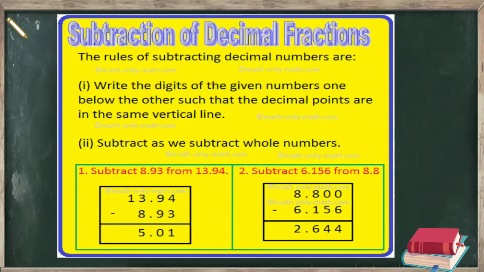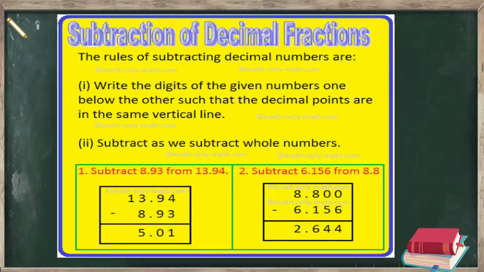This means that when you are writing the digits, they should be properly lined up, the same place value digit under the same place value, and we should keep the decimal in mind. Always, the decimal should be under the decimal. Then subtract as we subtract whole numbers. Subtraction is done the same way as we do the subtraction of whole numbers.